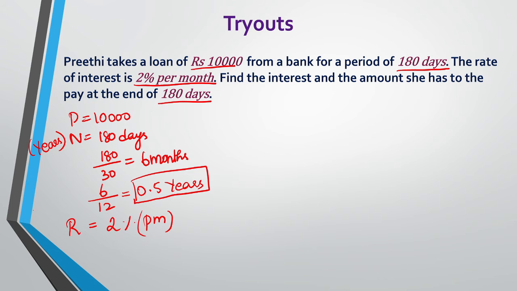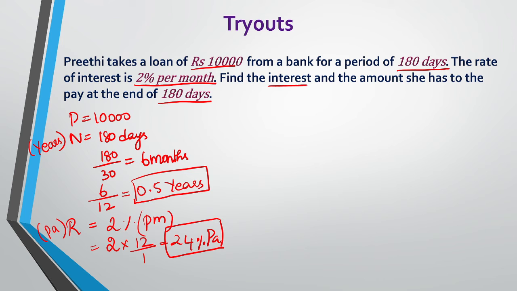We again know that the rate of interest should be in the PA format. So for conversion of months to years, we write the given rate, which is 2, multiplied by the number of months in a year, which is 12, divided by 1. And you get the answer as 24% per annum.